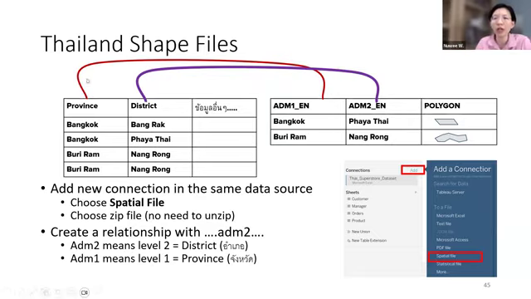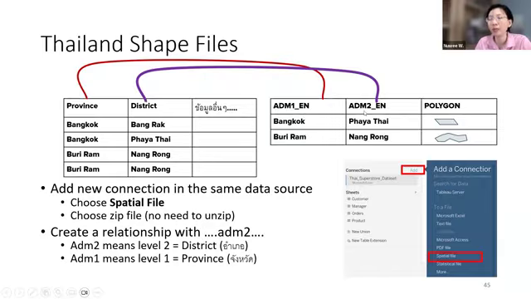For example, you have province in your orders table. This will map or join or create a relationship with the column called ADM1_EN, which means the name in English. ADM1 means administrative level 1, which is จังหวัด, so it will join or create a relationship with the province column in the orders table.